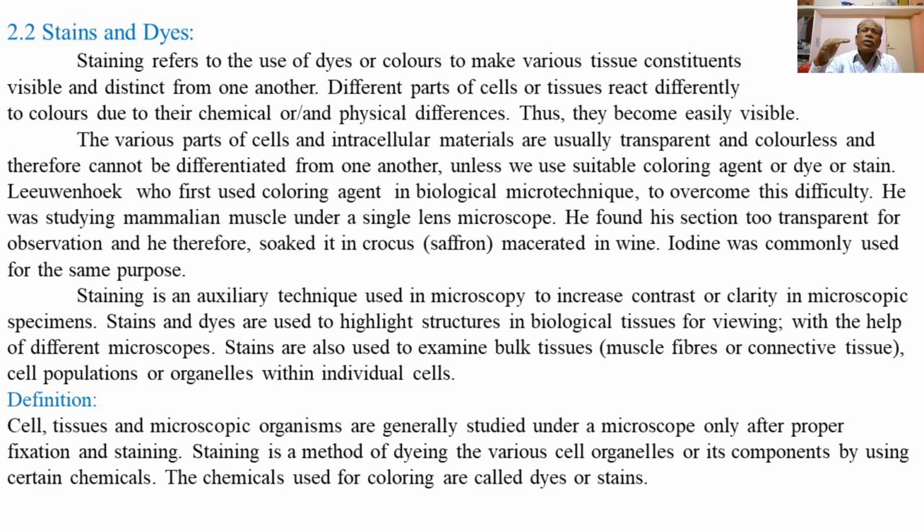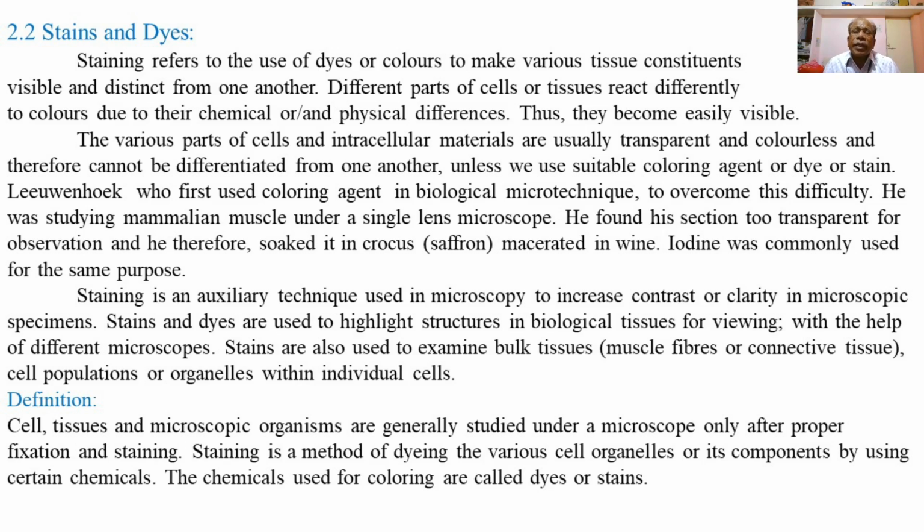So it was Leeuwenhoek who first used the biological microtechnique, using saffron macerated in wine as a staining material, and he observed the mammalian muscles under the microscope after giving them a particular color.